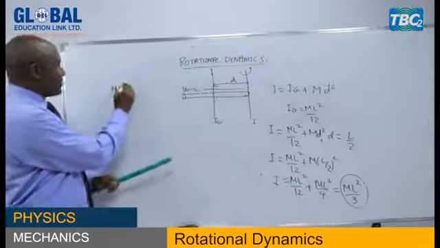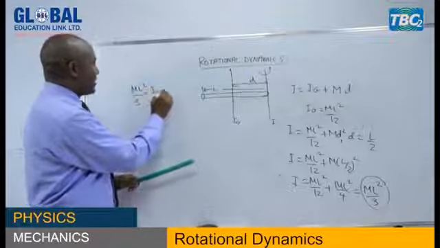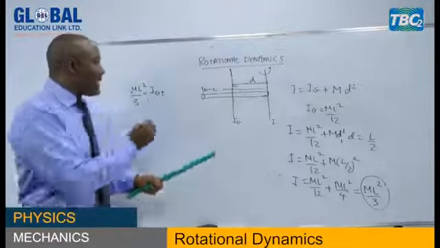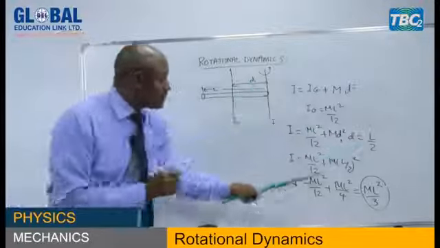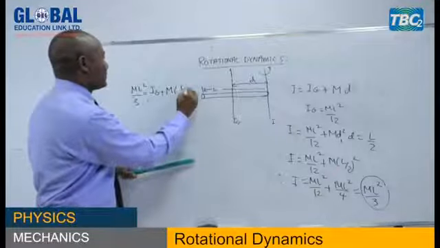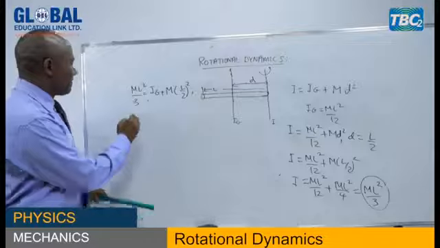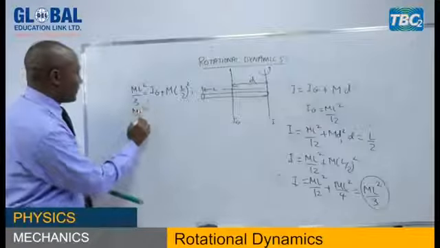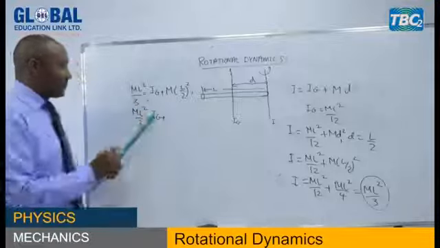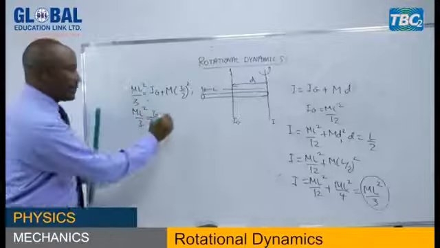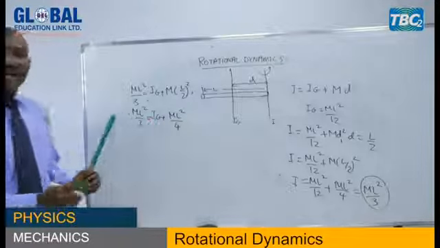ml squared over 3 equals Ig, assuming we don't have this, plus our distance here, L over 2, squared. The question is, are you getting the same answer? Let's check. ml squared over 3 equals Ig plus ml squared over 4, making Ig the subject.